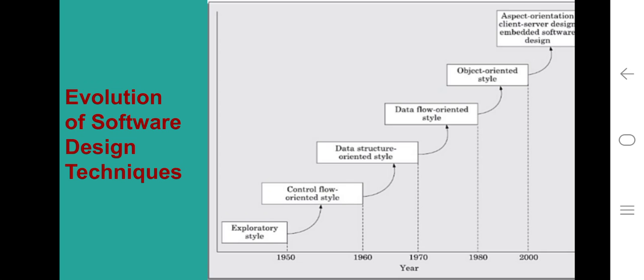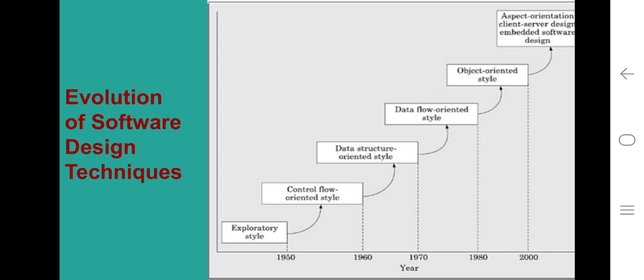In the 1980s, the data flow oriented style evolved into the object oriented style. In the 20th century, we are following aspect orientation and client server design.